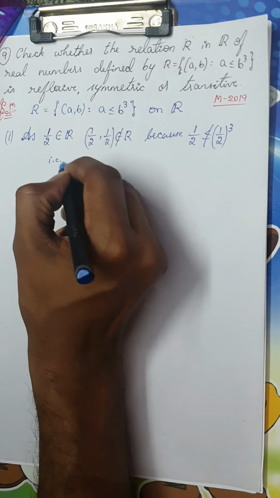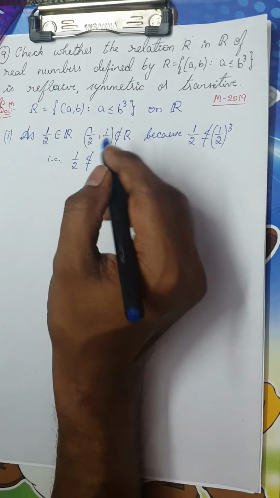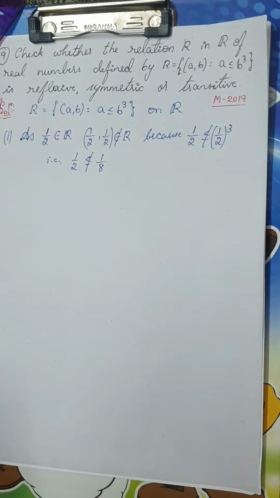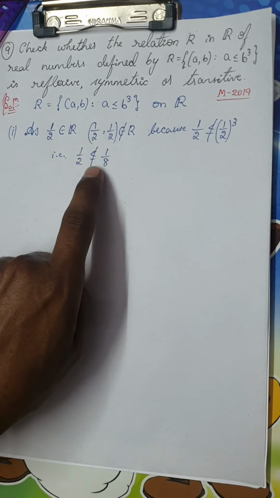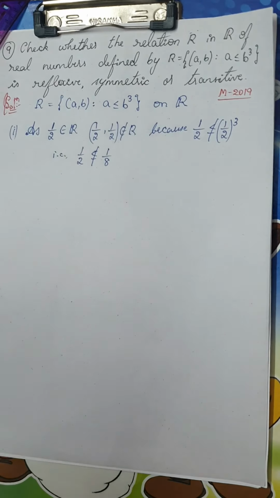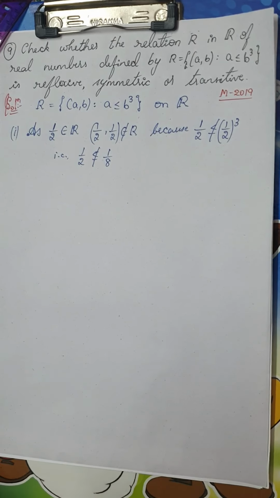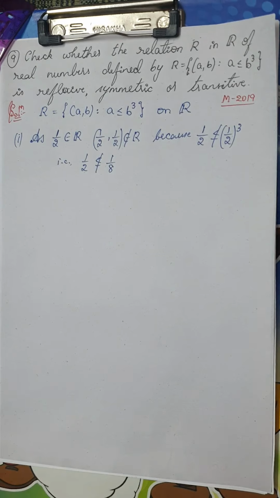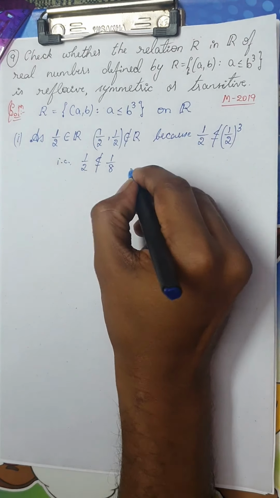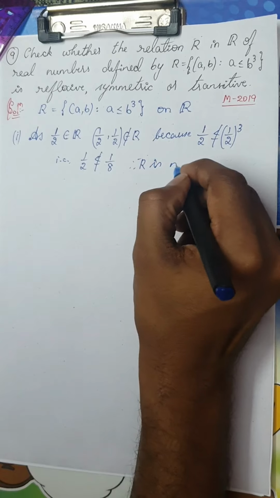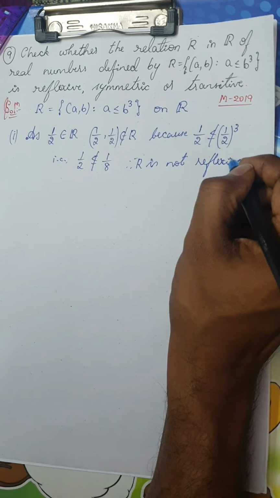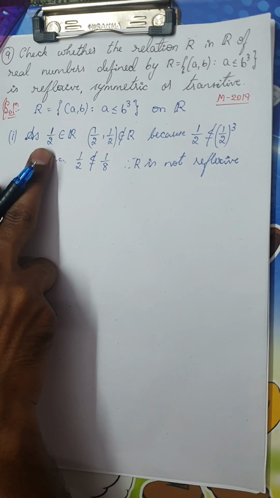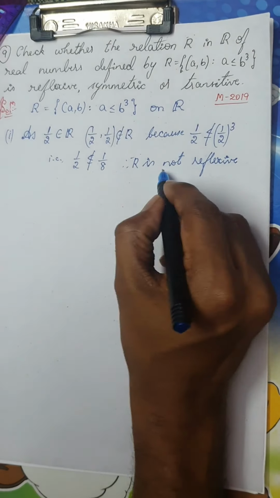It is 1 by 8. Is 1 by 2 less than or equal to 1 by 8? Actually, 1 by 2 is greater than 1 by 8. Because of this, we say R is not reflexive. One counter example is enough to show it does not hold. Therefore, R is not reflexive. You can also take 1 by 3, 1 by 4 or 1 by 5, any reciprocal numbers, and check that it is not reflexive.